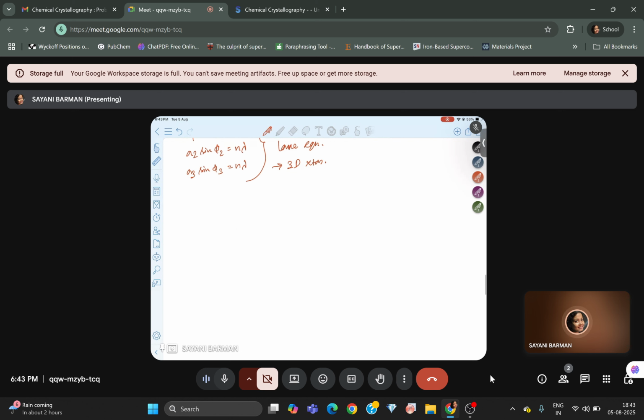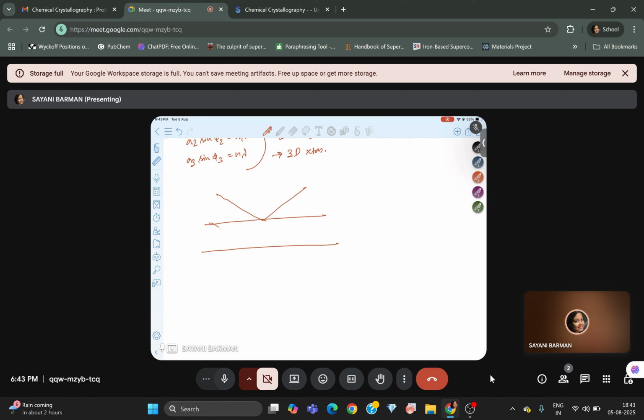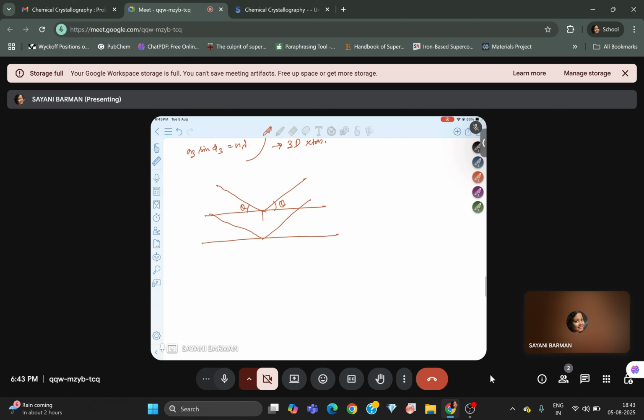Now, Bragg's law is very important. So, what does Bragg's law state? Let's say this is coming like this. This will be the theta, same theta.